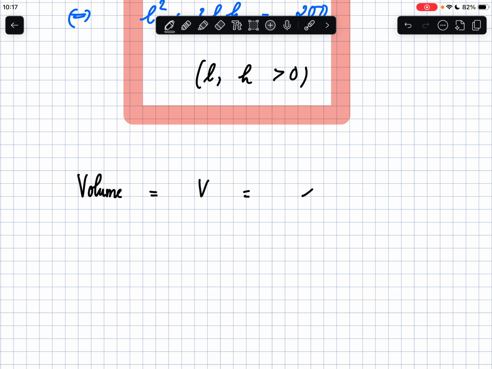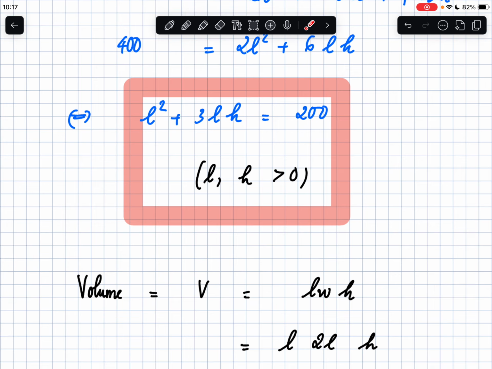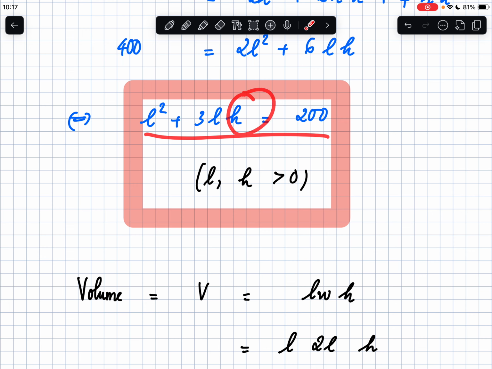Length times width times height. The width is twice the length, and then the height. We can rewrite length in terms of height or height in terms of length. This formula can easily be written with height in terms of length. So I do that.